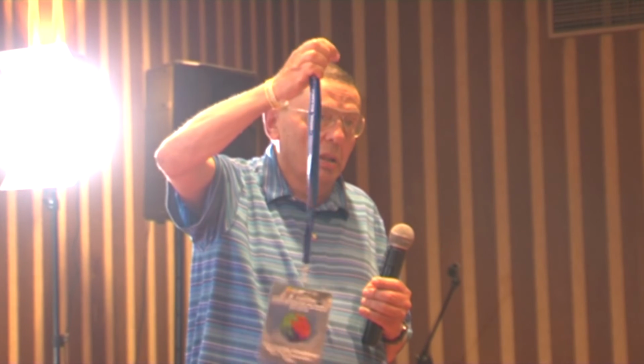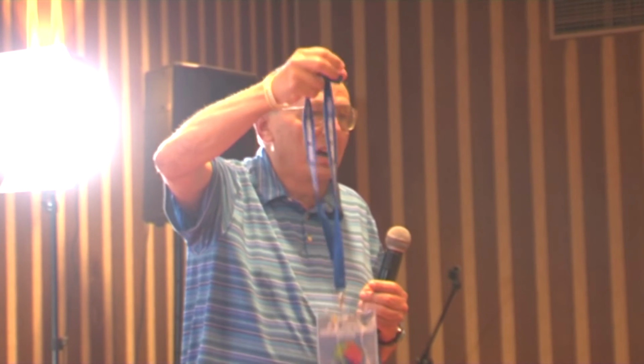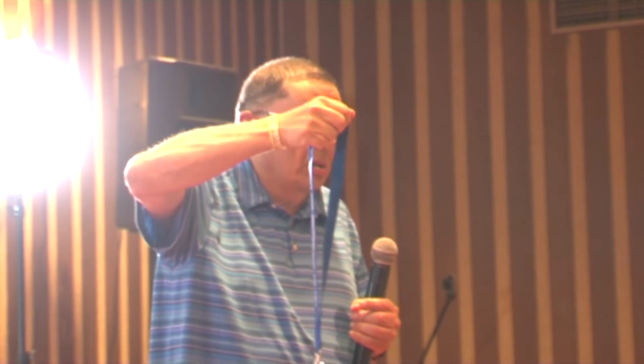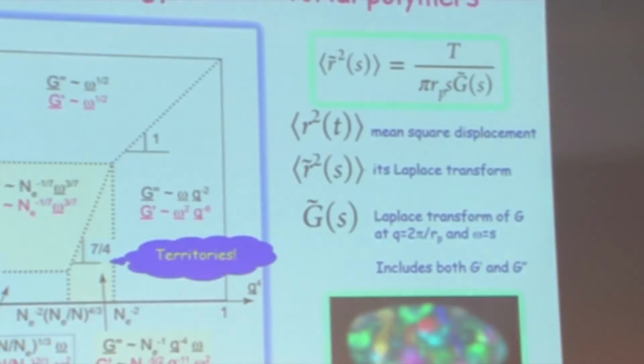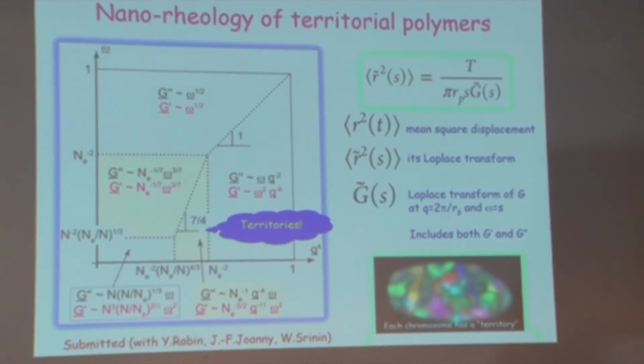It will not hang. It will unwind. That means the elasticity is very small, and that is what we observed here. I will not go into details of why the crumpled rope is related, but it is related to territoriality, which we observed here. Okay, so that's the consequence.